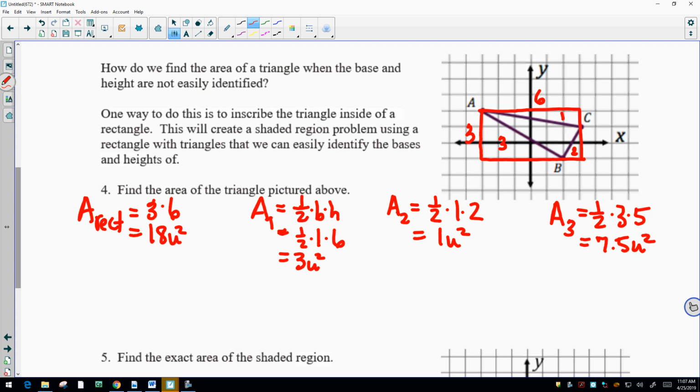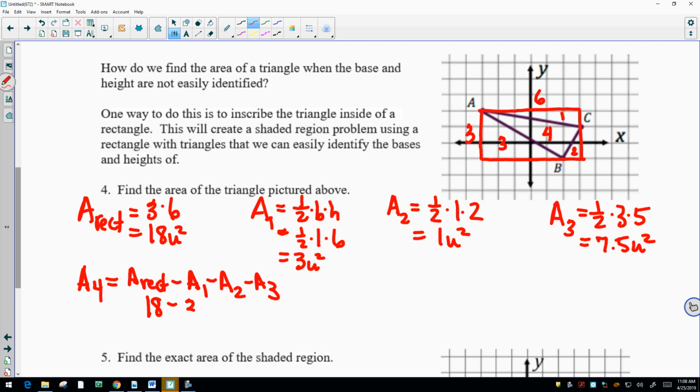Okay, so where do we go from here? Well, I want the inner triangle. I'm going to call that triangle 4. In order to get that inner triangle 4, I need to take the area of the rectangle, and I need to remove each of those little triangles that I found. So I'm going to subtract out 1, subtract out 2, subtract out 3. So the area of the rectangle is 18.